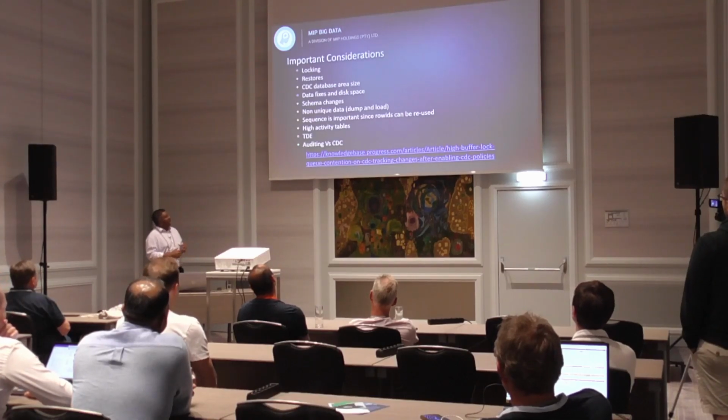Okay, data fixes and disk space. As part of our deployments, typically when we deploy, we have data fixes that run across some of our tables. Important to note that some of our data fixes, if they run across all the data in the tables, generate a huge amount of CDC data.